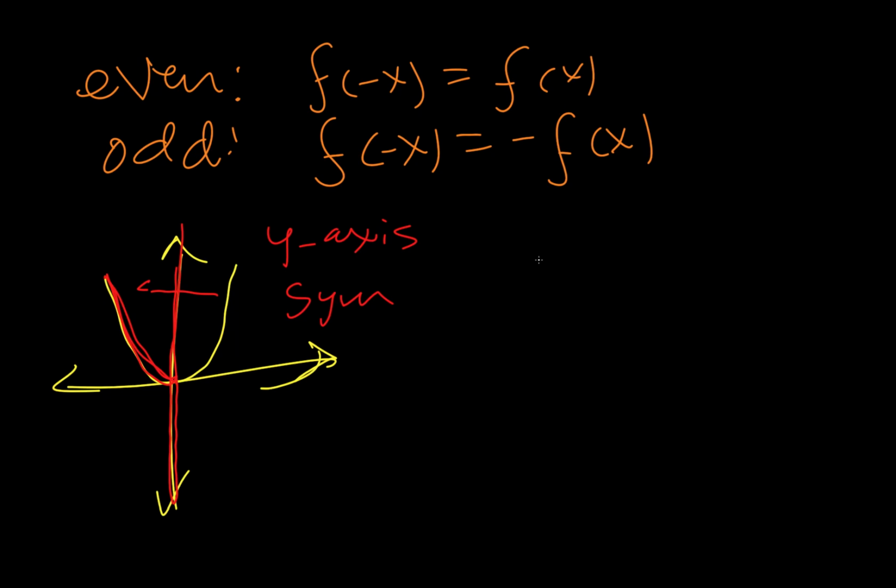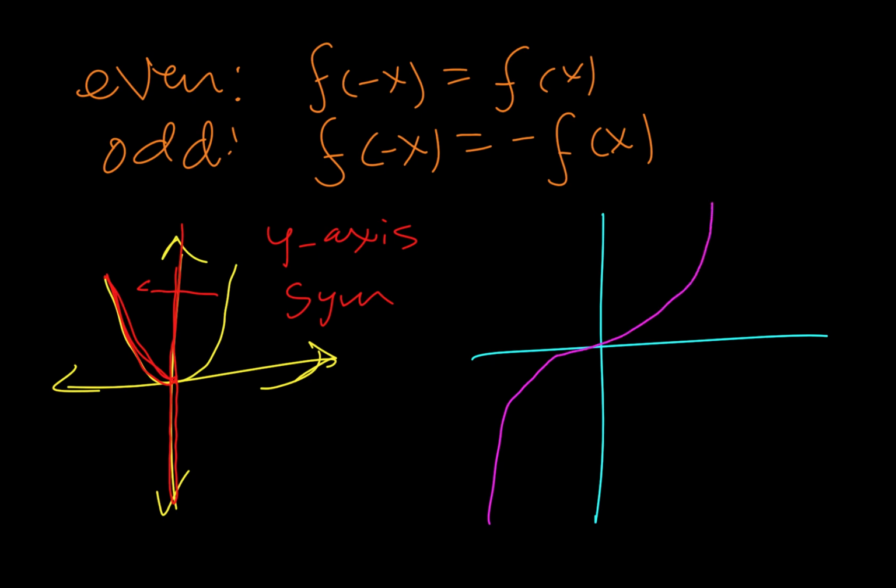Now, odd functions are a little strange. They would look like something like this. I think of it as a double symmetry. It's called symmetric about the origin, but I think of it a little bit differently than that. So I would first fold across the y-axis, and I'd get something that looks like that dotted line, and then I fold that across the x-axis.